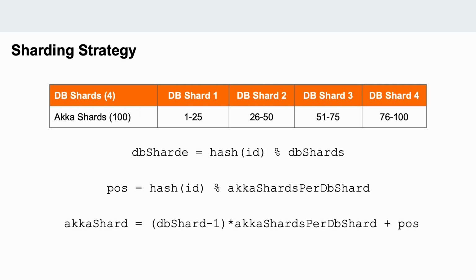And then what happened at the end is that we just sum all the Akka shards before the database shard that we have. So here, it's gonna give us a number that lies in shard 3, which is something between like 51 and 75.